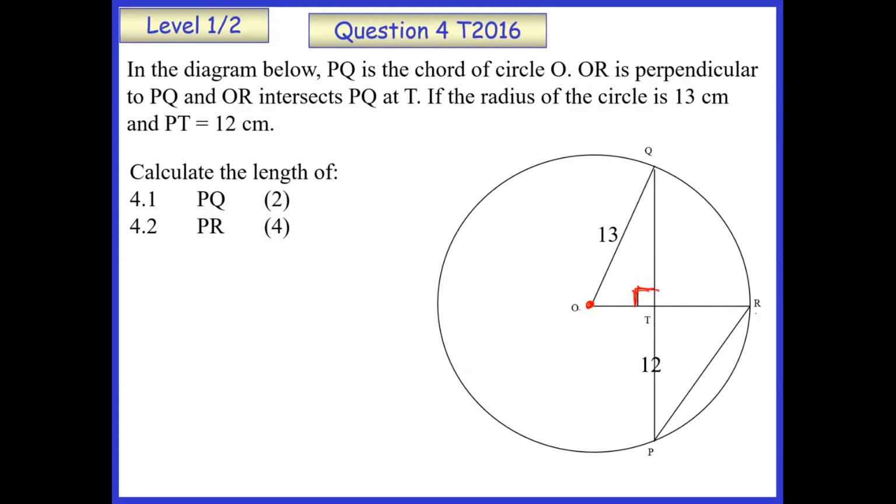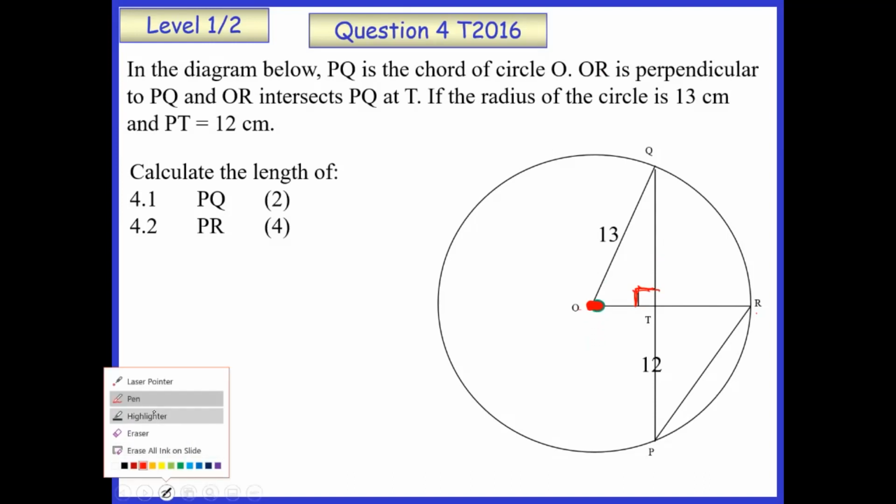If this is the center of the circle, are there any theorems we can apply here? Angles at the center, but we don't have anything to use angles. So the one that bisects the chord, the chord theorem: a line drawn from the center, perpendicular to the chord, bisects it.